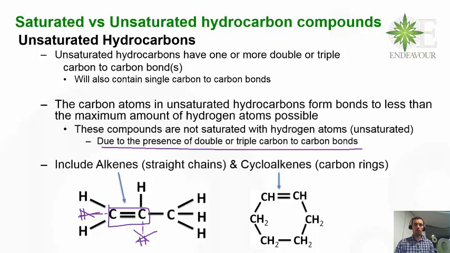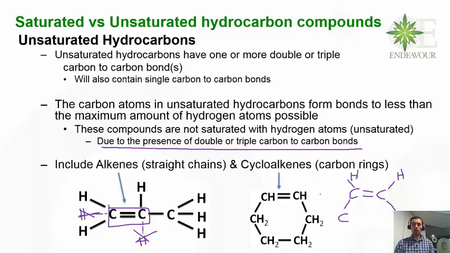You can see the same thing in ring structures like this cycloalkene here, where the double bond between the 2 carbons up the top means that each of those carbons only has space to bond to one hydrogen atom, because the other bonds are to carbon atoms within the ring.